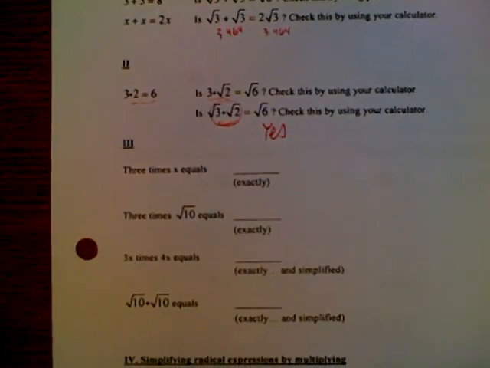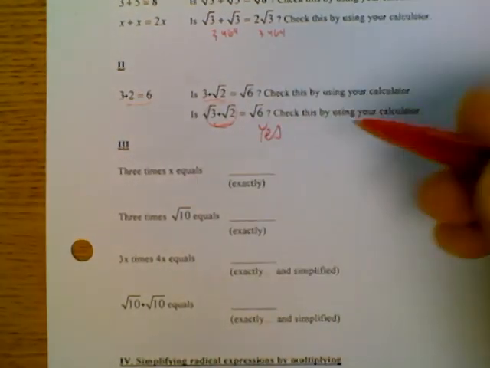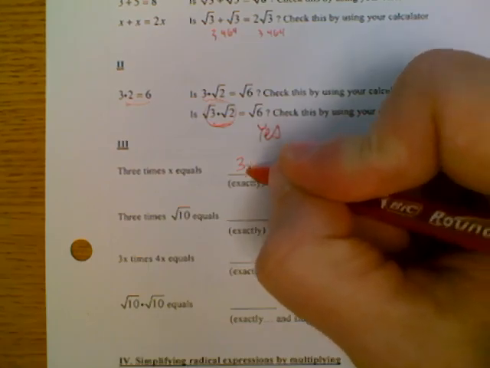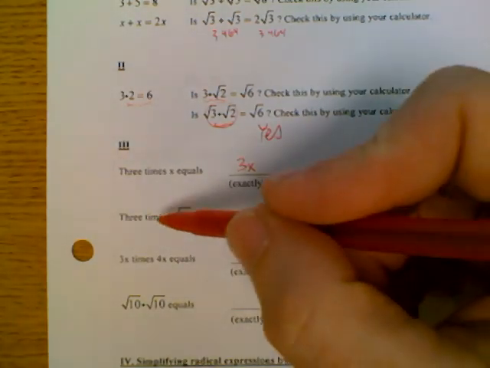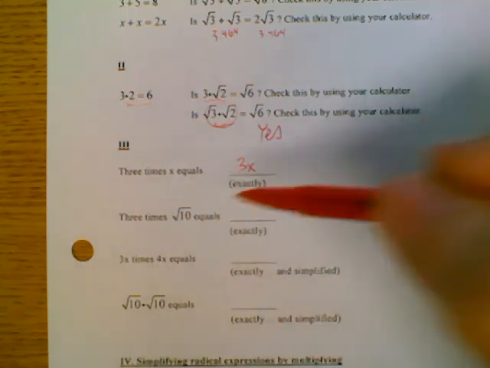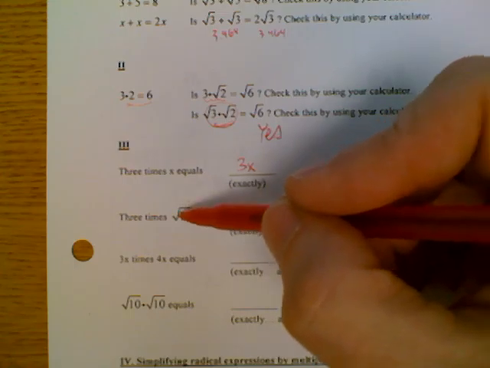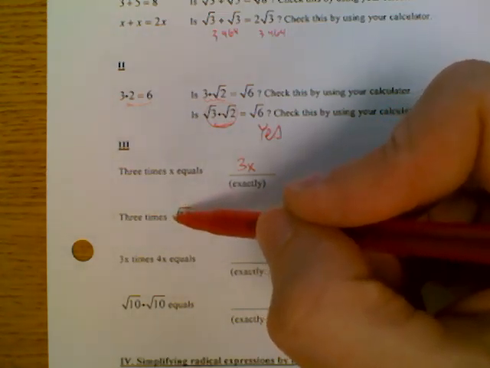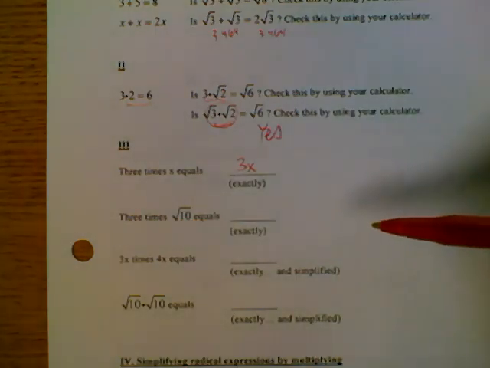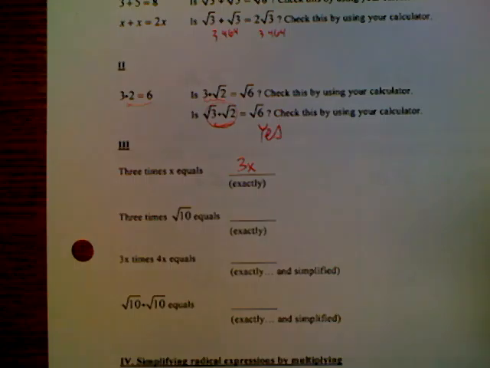First of all, let's review some things. If I ask you to write down an expression which is exactly 3 times x, you would simply write 3x. If I ask you to write an exact value of 3 times the square root of 10, don't you dare reach for your calculator and put in 3 times the square root of 10, because the calculator is going to turn this into an inexact decimal value, just like it will turn the pi key into an inexact decimal value.